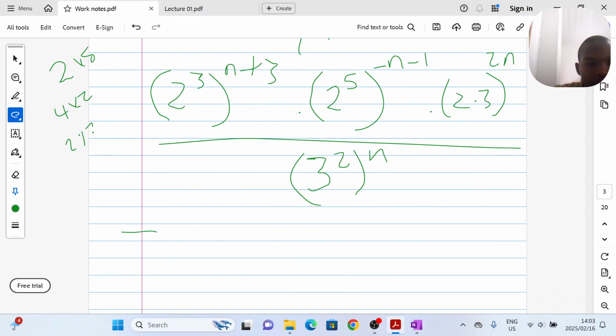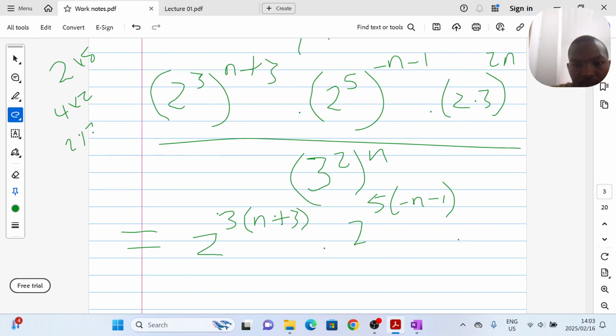So this is going to be 2, and then whenever you have a power of a power, you always multiply the exponent, so it's going to be 3 times n plus 3, and then you're going to have times 2 to the power 5 times minus n minus 1, times 2 to the power 2n times 3 to the power 2n.